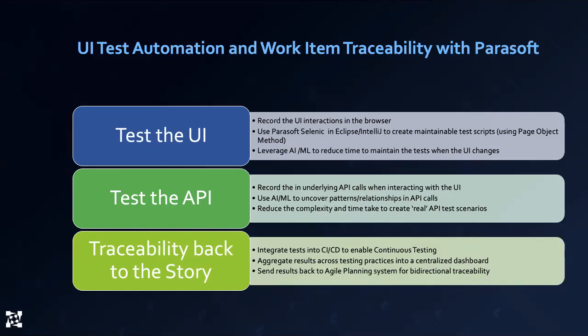And then last but not least, the whole reason for this presentation today, talking about how we can take that test automation data and get it back into the original system of record, being able to do full traceability so that now you can immediately know what user stories have been impacted negatively by your test changes in the code base.